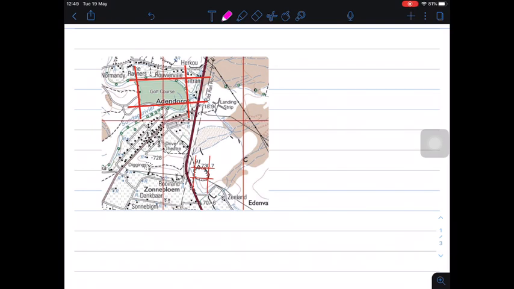But the quick method is that what you do is you take a pencil and you will create a border around your irregular shape, but your border will then create a regular shape on top of your irregular shape. So you can see that I have created a red box on top of the actual golf course. And what's important to note is that I've kept the lines parallel to each other.